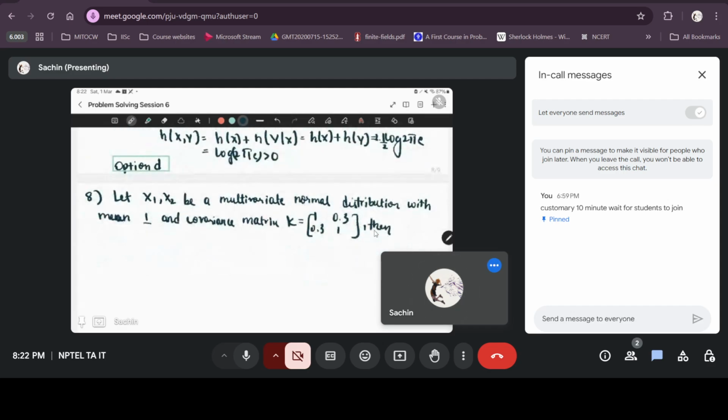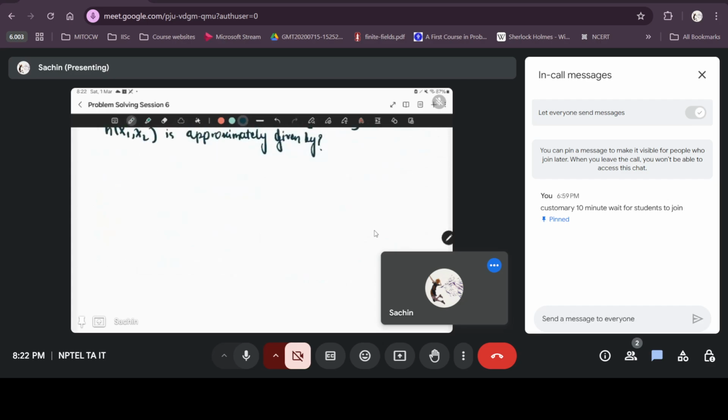Then h of x1, x2 is approximately given by option A 1.943 bits, option B 2.305 bits, option C 2.972 bits, option D 4.026 bits.